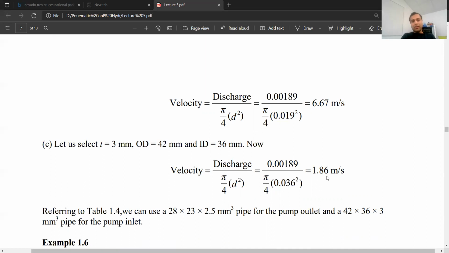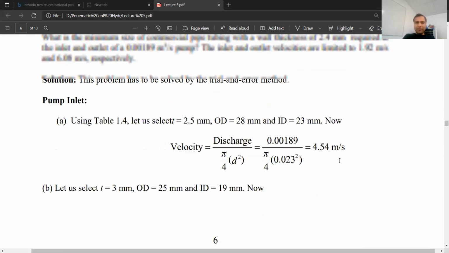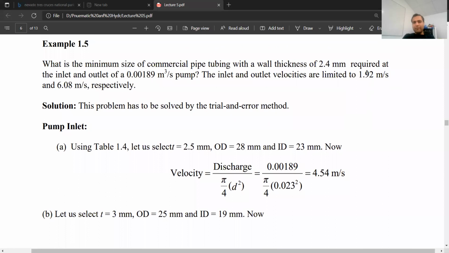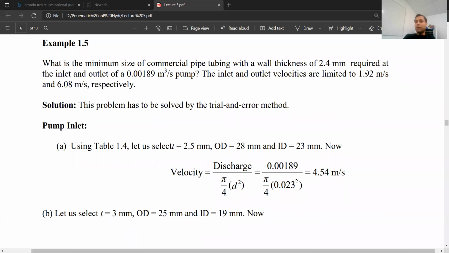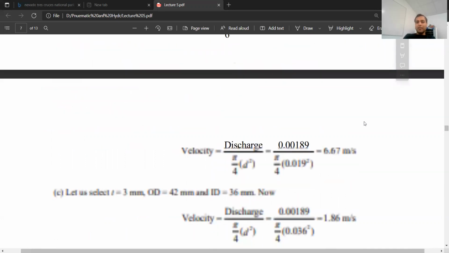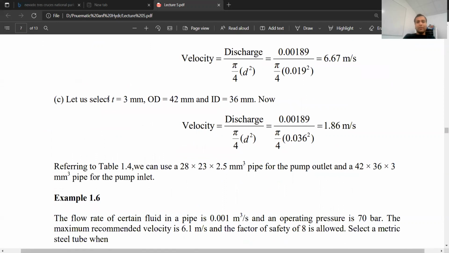Okay. Now 1.86, if I have a look, I need 1.92. So this will be suitable. 1.92 for the inlet velocity. I can choose this pipe with thickness 3, outer diameter that, inner diameter that.